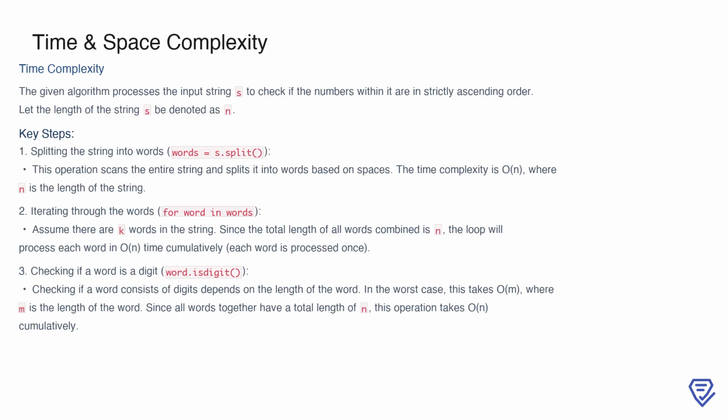Within the loop, we check if each word consists of digits using the word.isDigit method. Since this check involves inspecting each character within a word, the total time required for this operation across all words is also proportional to the total string length n. Each of these steps contributes to the overall time complexity in a linear fashion.